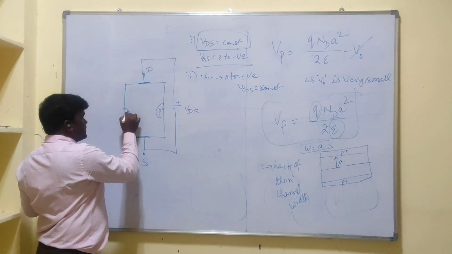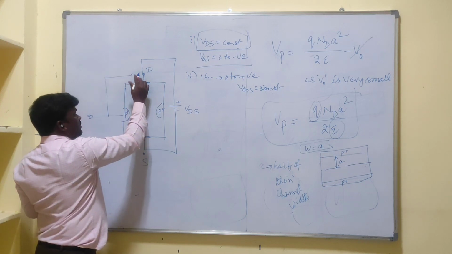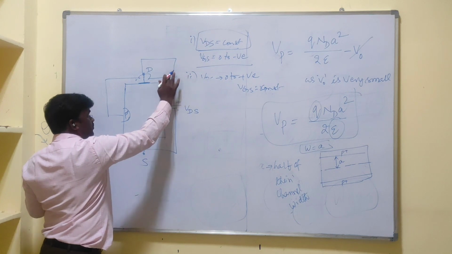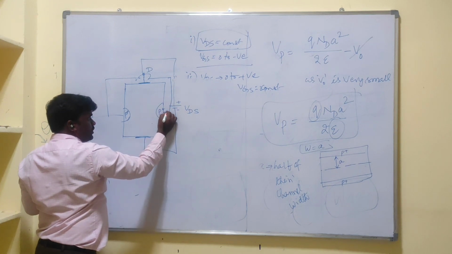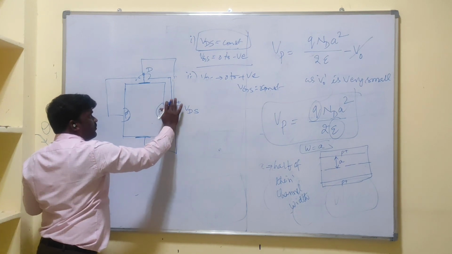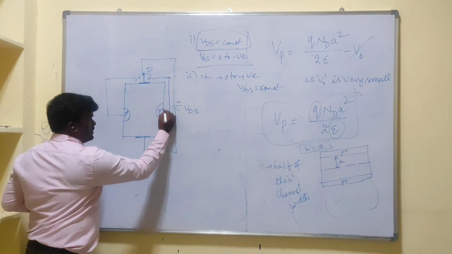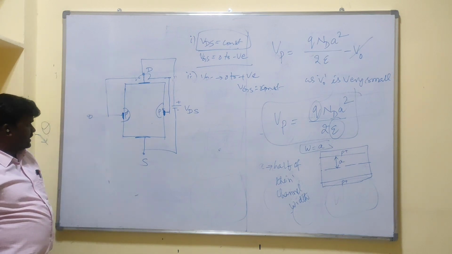These are the P plus regions, and these are connected to a common gate terminal. So here we have a common gate. These are the unit contacts. Now we will see the operation.